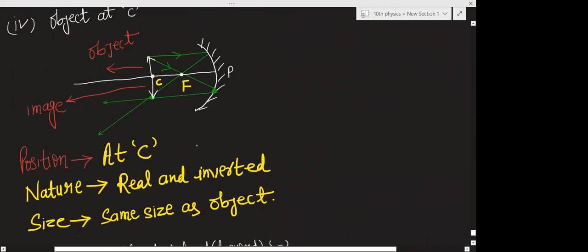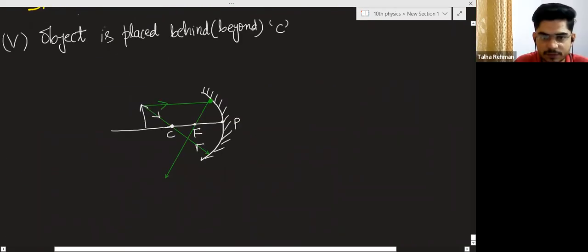It will retrace its path after the reflection, and this ray will meet here with this ray, and this is our image.